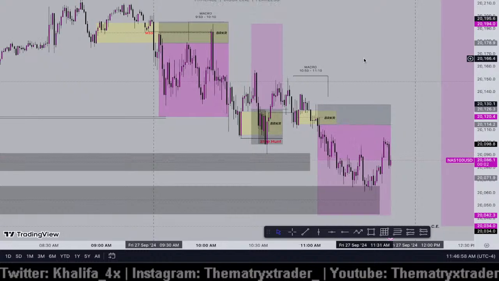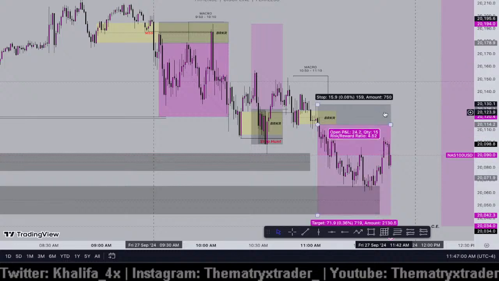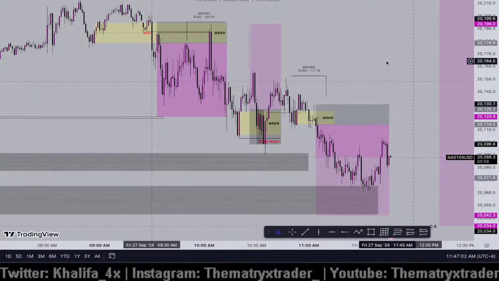Now, the reason why it seems to me like a bit choppy is the Friday. Fridays and Mondays are the days when everybody is hungry to make money and the big whales are hungry to eat those retail traders.